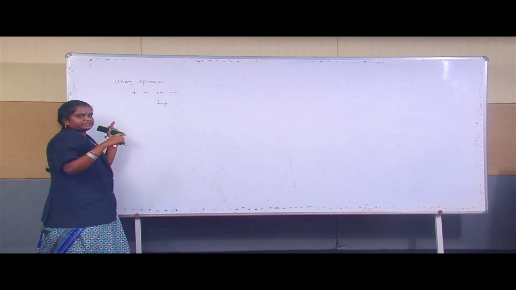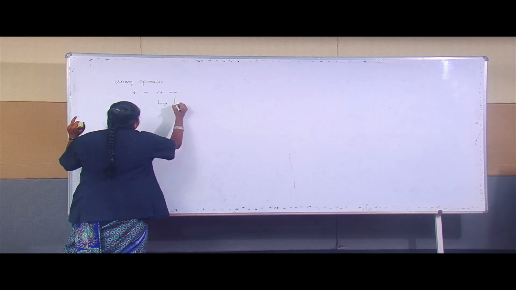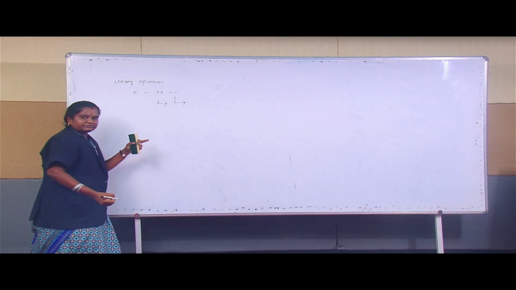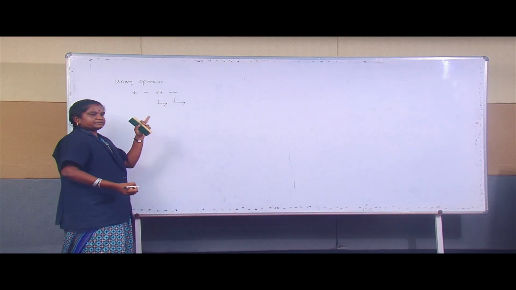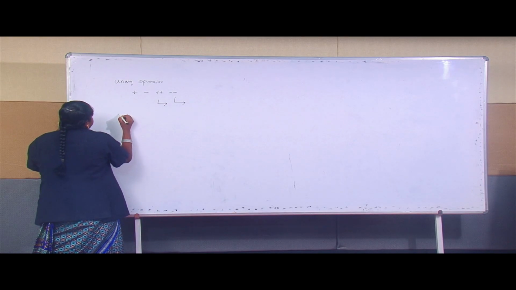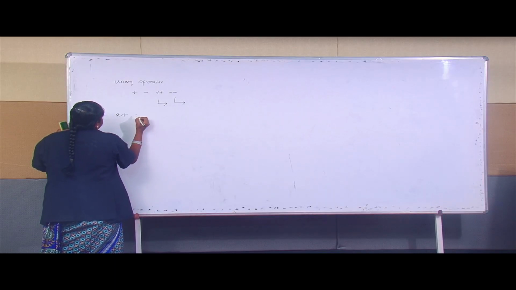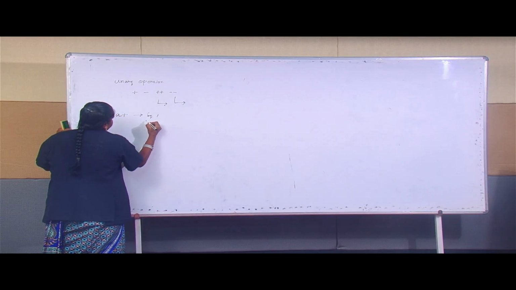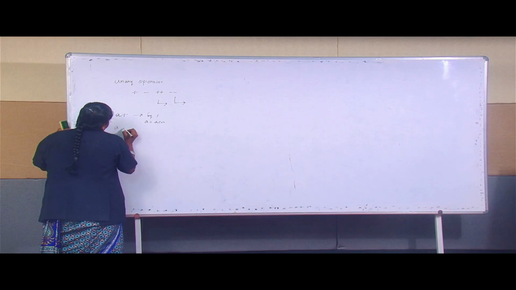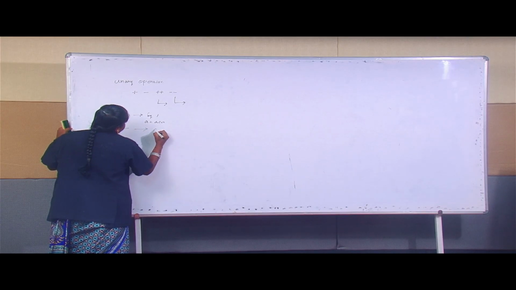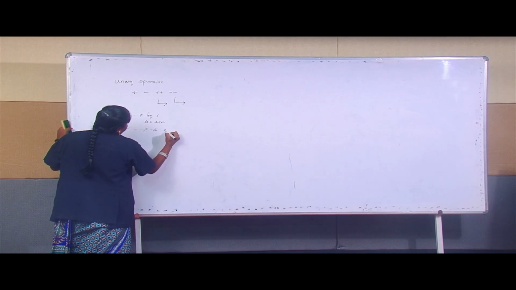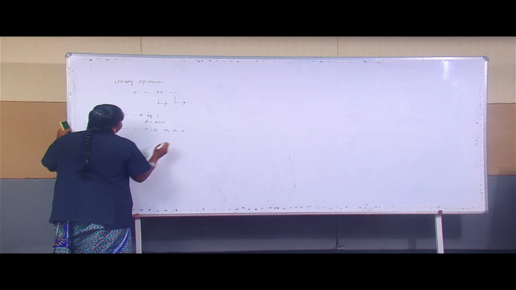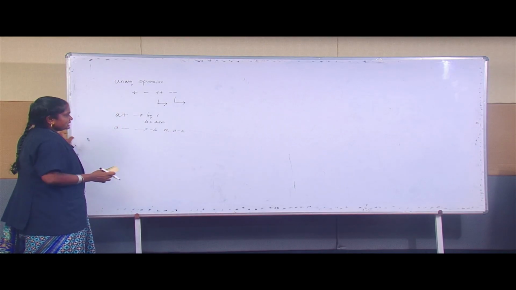The value will be incremented by 1, and this minus minus is the decrement value. The value will be decremented by 1. Then next, A plus means the value will be incremented by 1, that is A equal to A plus A. A minus means the value is minus A or A minus A. So, this is the unary operator.